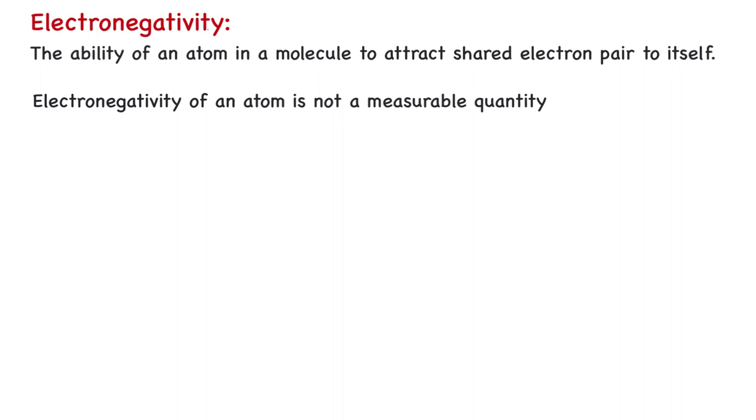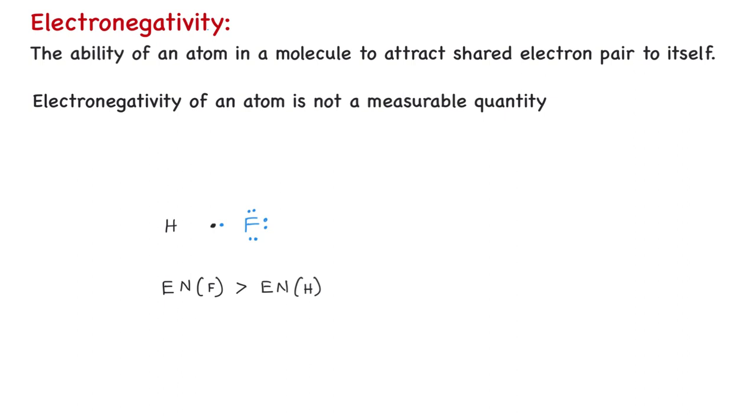For example, let us consider a covalent bond between hydrogen and fluorine. The shared electron pair is closer to fluorine than to hydrogen. Therefore, we can say the electronegativity of fluorine is greater relative to hydrogen. And we can assign some arbitrary values to represent the difference in electronegativities between these two atoms.